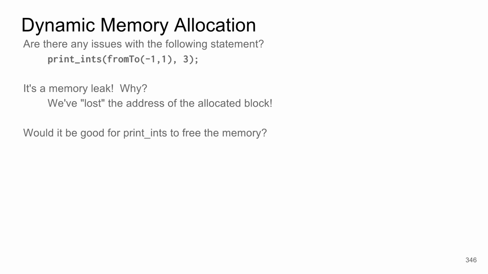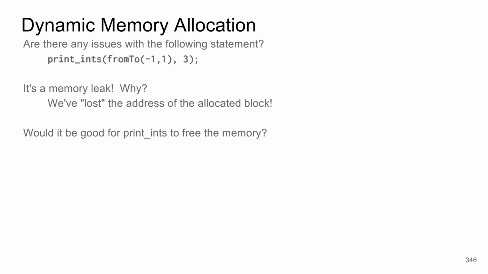So would it be good for print ints to free the memory? What do you mean by good? Would that be a good solution to this problem? No? It kind of restricts what you're allowed to use print ints on. Right. What could we not use it on anymore? Things that aren't using malloc.